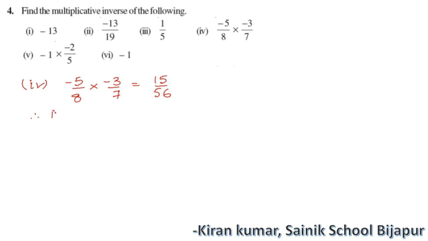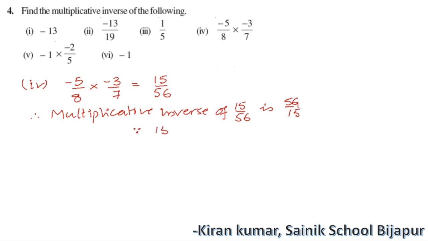Therefore, the multiplicative inverse of 15 upon 56 is 56 upon 15. The reason is when 15 upon 56 is multiplied with 56 upon 15, the product is 1.